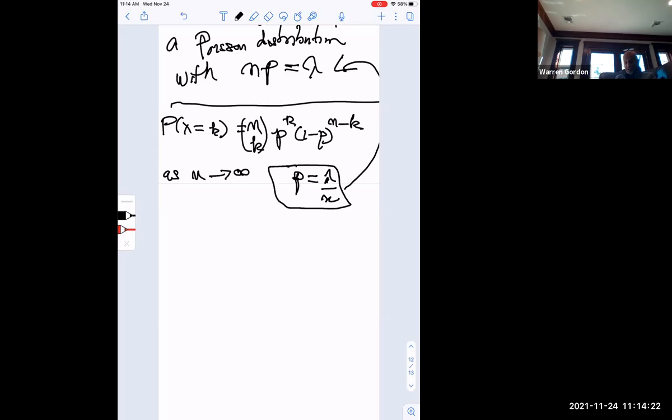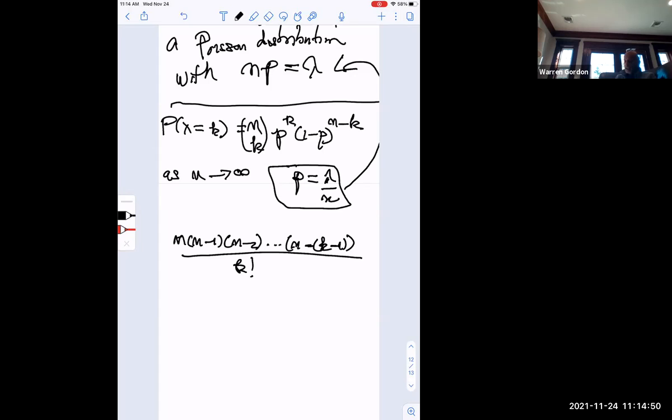So if I do this, I'm going to get n, n minus 1, n minus 2, all the way down to n minus k plus 1, over k factorial.